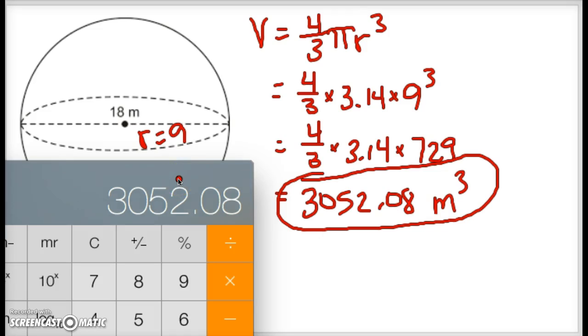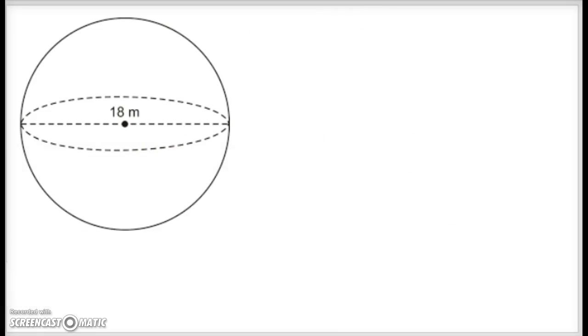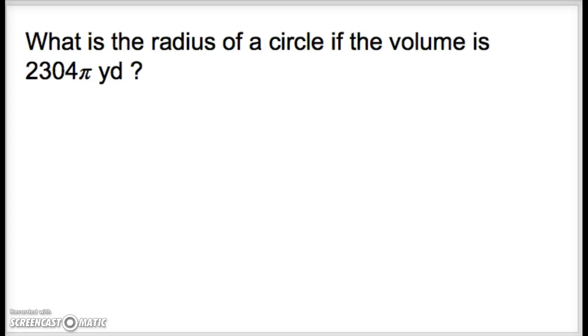Okay. And then we're going to do one more example, but it's going to be a little bit backwards. They'll give us the volume. We have to figure out what the radius is. So let's look at number 4. It says, what is the radius of a sphere if the volume is 2,304 pi yards cubed?